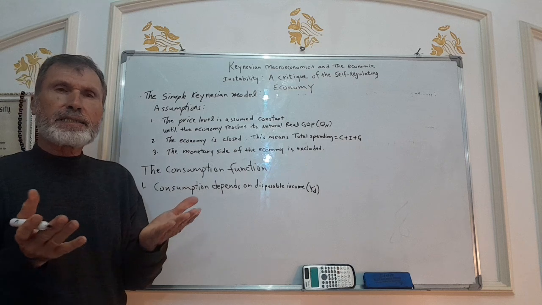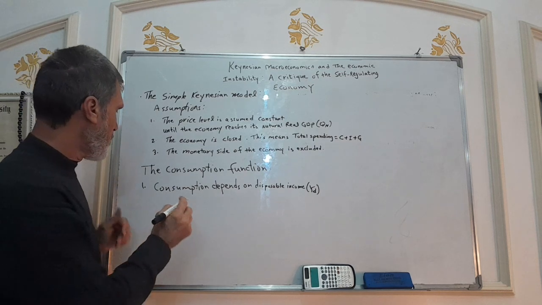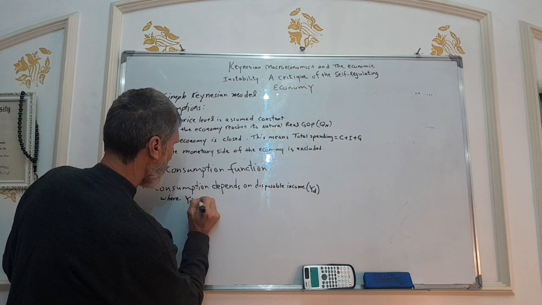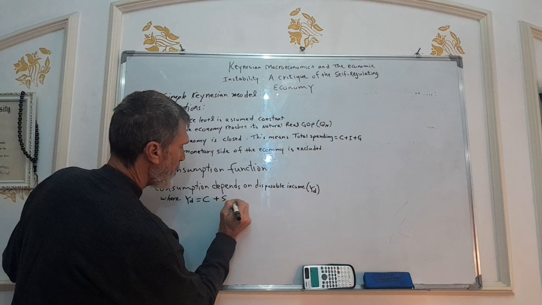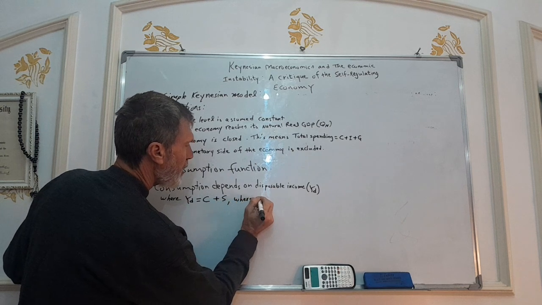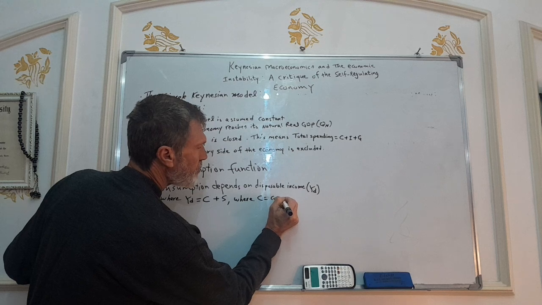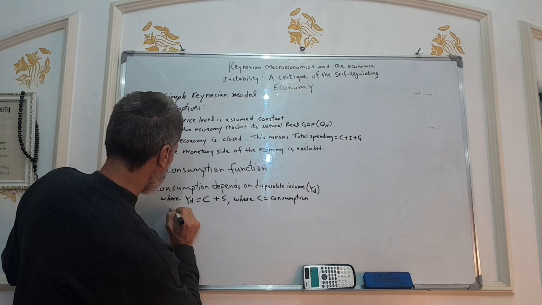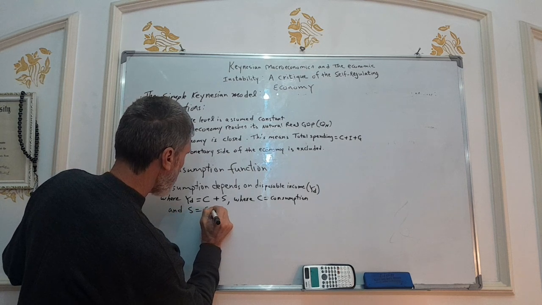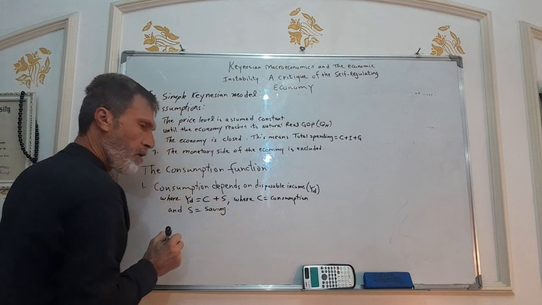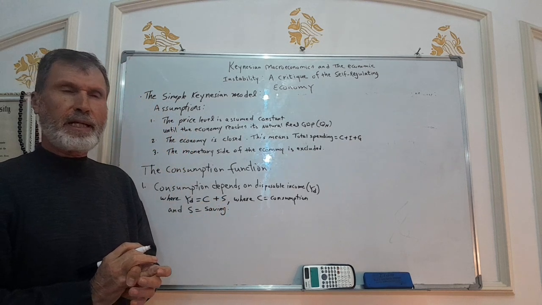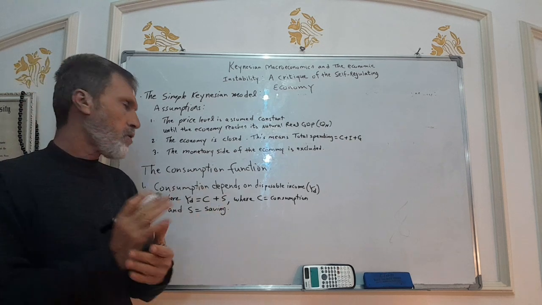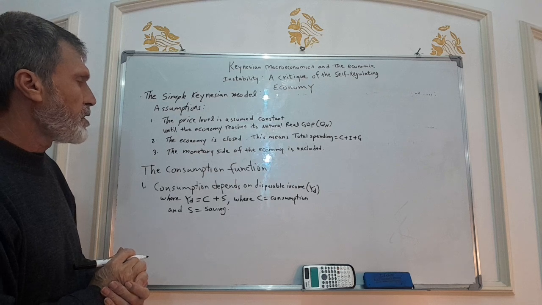Disposable income is the sum of consumption and saving, where YD is equal to C plus S, C is consumption and S is saving, because a person's income is either saved or consumed. So consumption depends on disposable income.